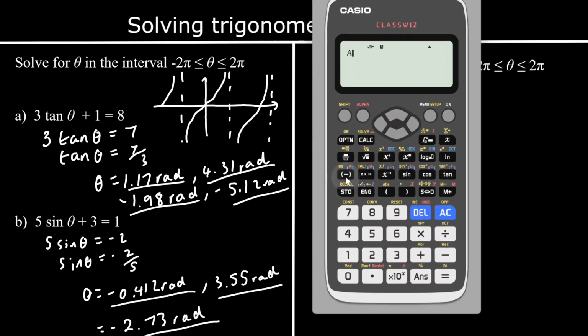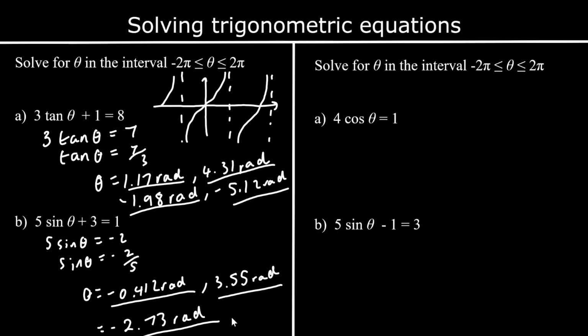And I want my first answer plus 2 pi, which is 5.87. So I've got 4 answers in the interval negative 2 pi to 2 pi. And I'm using the fact that the graph repeats every 2 pi radians to get my next 2 answers. After my first 2 answers, I can keep getting answers forever and ever by adding on 2 pi, or taking away 2 pi from my first 2 answers.